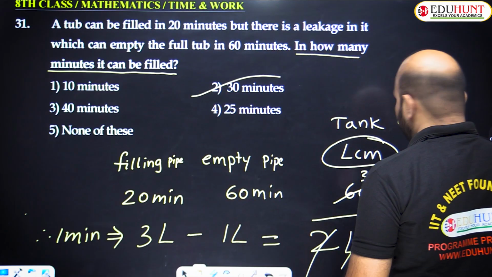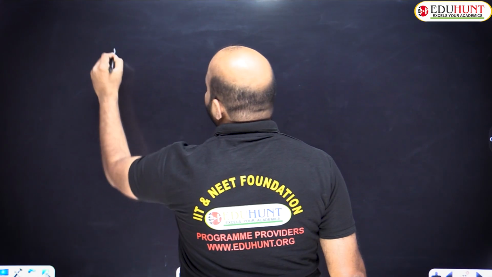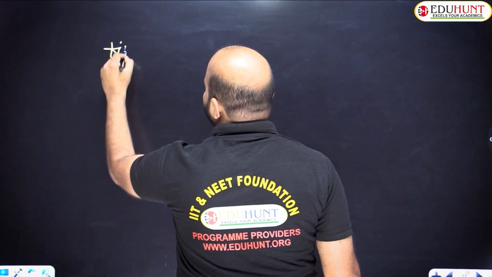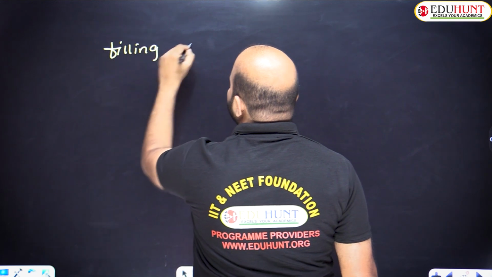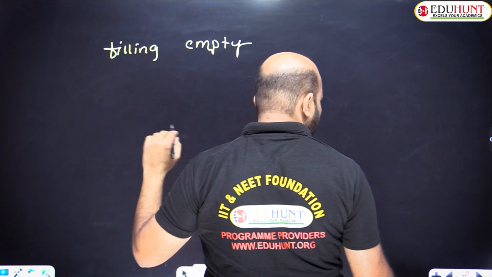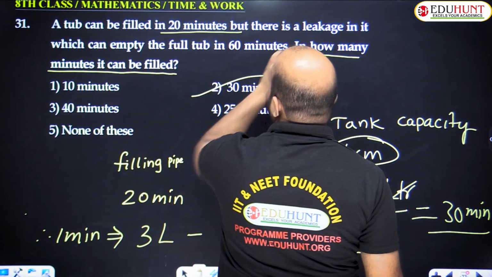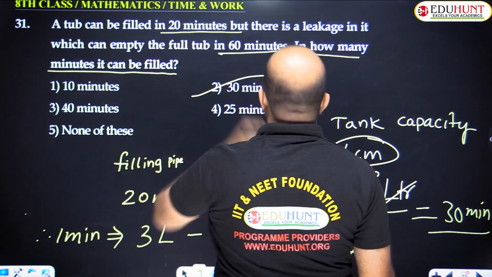Am I clear? Now, what is another shortcut method? One is a filling pipe, another one is an empty pipe. The filling pipe can fill the tank in 20 minutes. The empty pipe can empty the tank in 60 minutes.